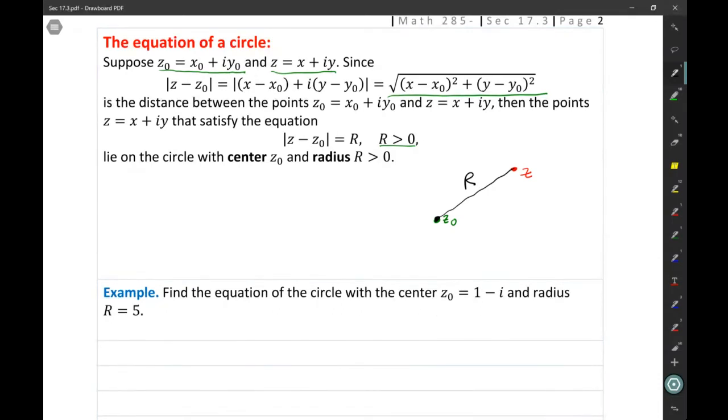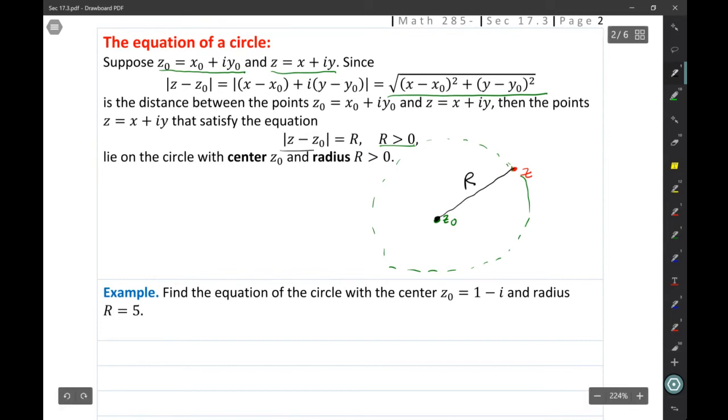But let us see how this becomes a circle. Let us see now. This is a circle with center z naught and radius r. So z is on the circle.